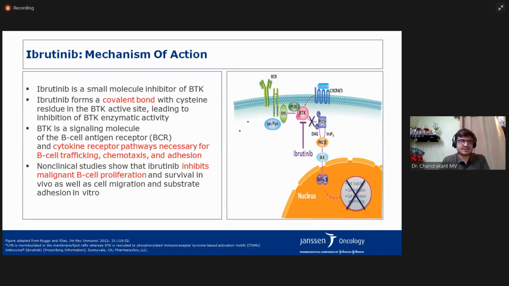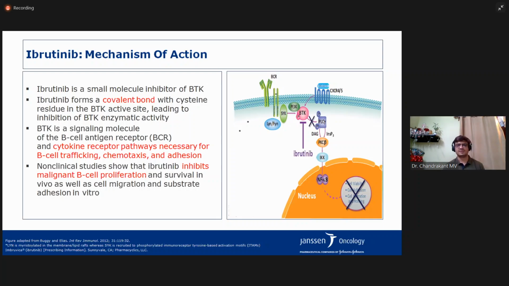So this will result in less B cell trafficking, less chemotaxis, and less multiplication and adhesion. Therefore, once the BTK inhibition is seen, all the cells which are there in the lymph nodes and spleen start coming out into the blood. What we see is a transient lymphocytosis post treatment with ibrutinib, and then we see the resolution because it interferes with adhesion, B cell trafficking, chemotaxis, and so on.